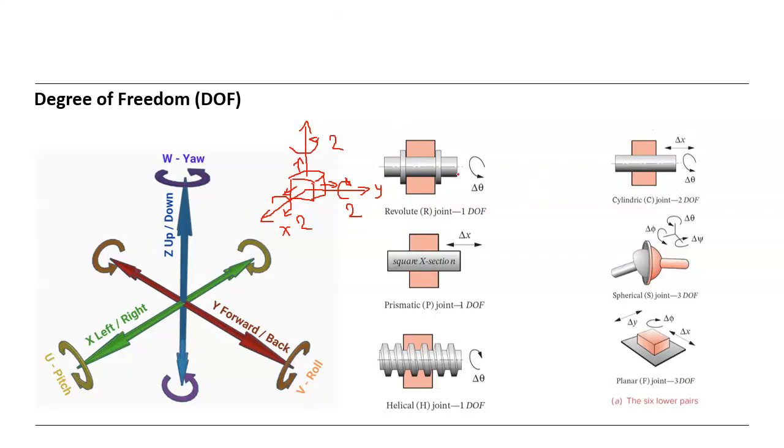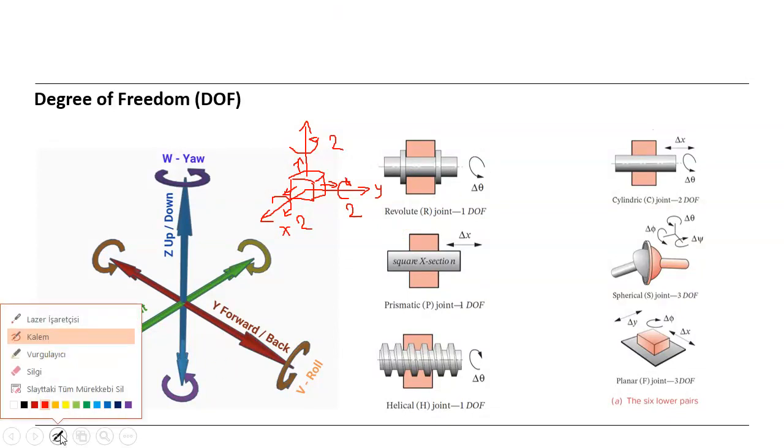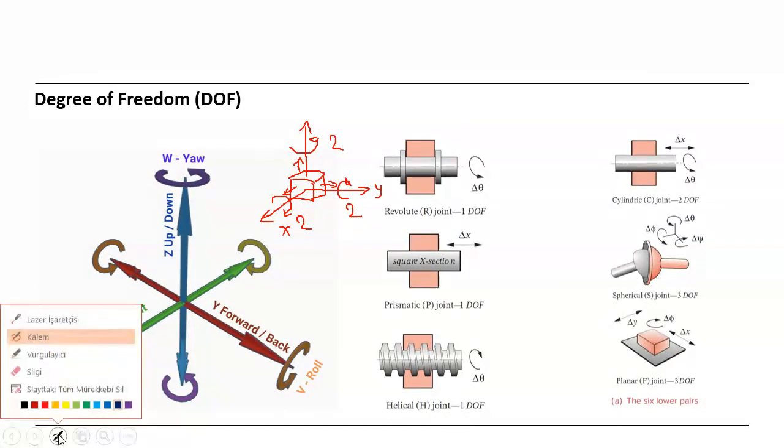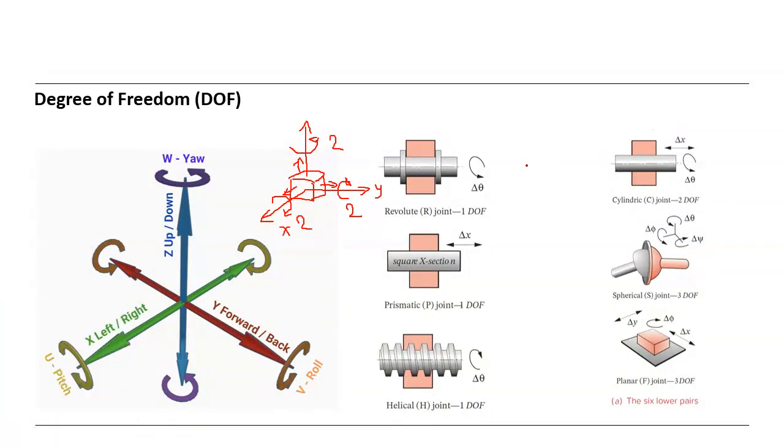Therefore, in a revolute joint, we have only 1 degree of freedom. Revolute joint, you see here. This is only rotation. So let's have another color. This one. We have only rotation like this in a revolute joint.